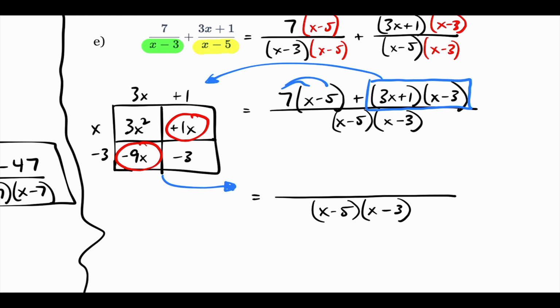Okay, so the first thing was from the distributive property. So when I distribute the 7, I get 7x minus 35. The next thing is from the multiplication table. So from the multiplication table, I get 3x squared minus 8x, because I had like terms here, minus 3.